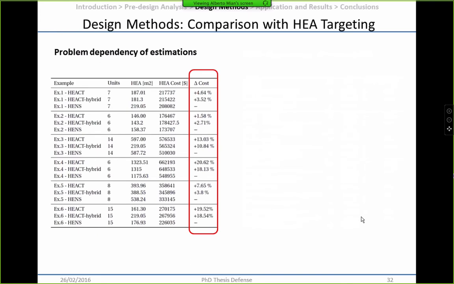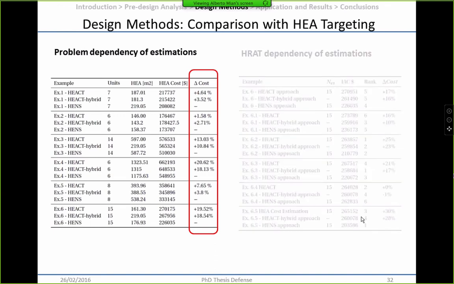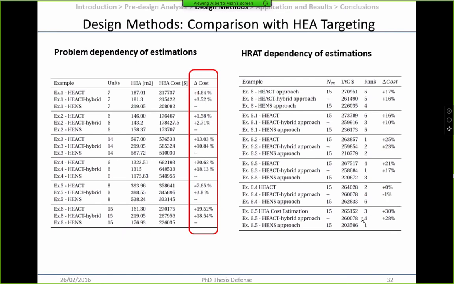In this case, the problems were independent problems. In the second phase, I decided to focus on one problem and to see if changing heat recovery approach temperatures, considering the same problem, can also affect the objective function. And the answer is yes.